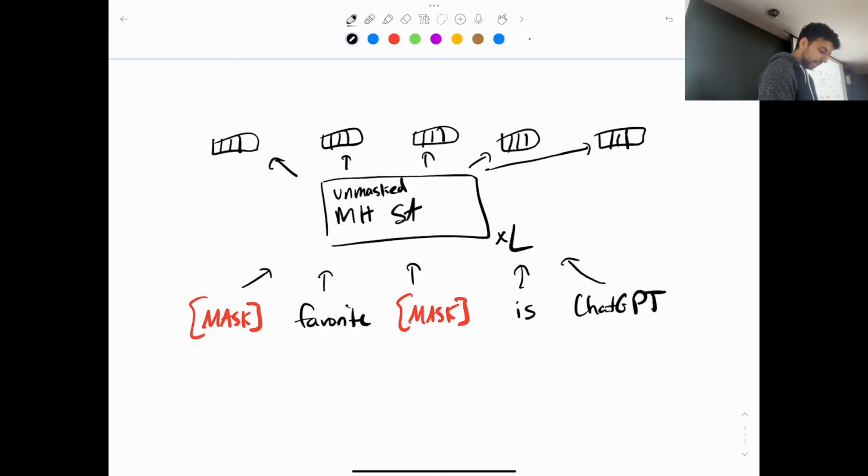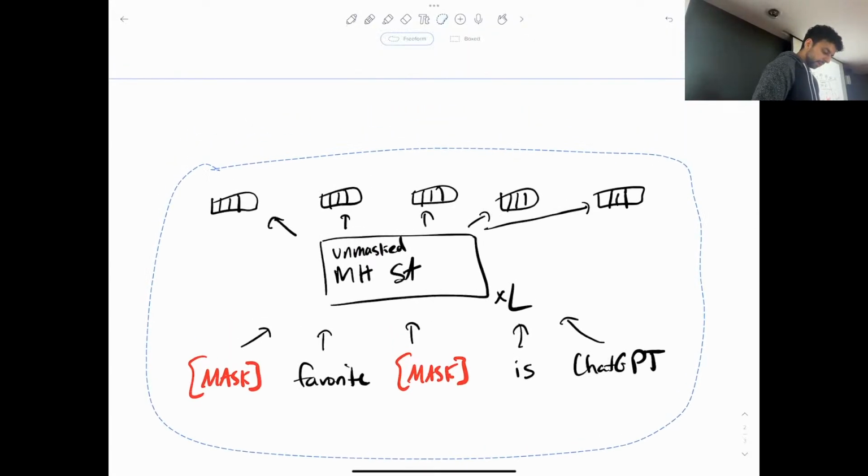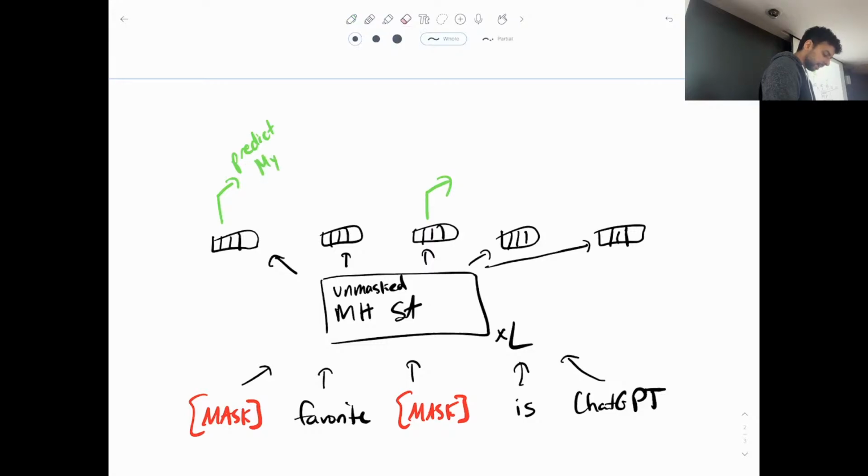So the innovation of this BERT model is that we will put a softmax layer on top of each position associated with a mask token. That would be the first position here and the third position. And the goal is to predict not the next token, but the missing token, the masked token.